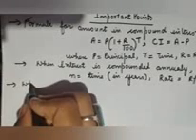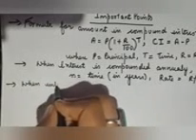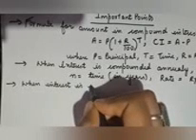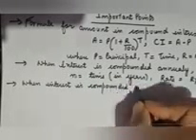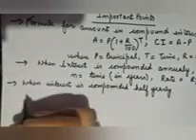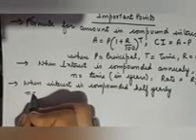Next one will be when interest is compounded half yearly. When your interest is compounded half yearly, students, you have to remember that you have to keep your n, time, equal to 2 into time in years.